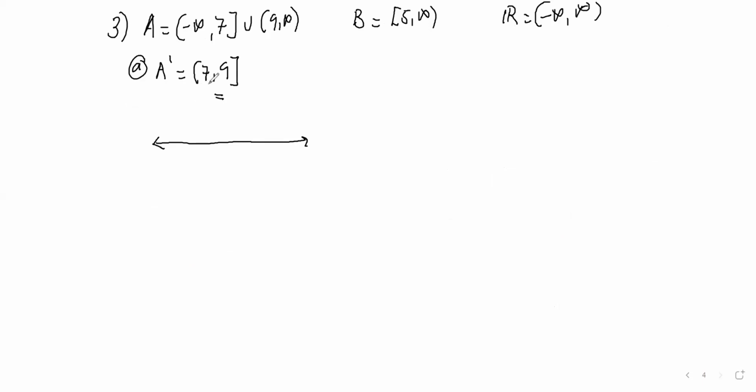Then we are saying, okay, it was running from 7 and then 9. So this is A. This is A. But now we want A complement. So A complement is open there, closed here. This part is A complement. Okay?